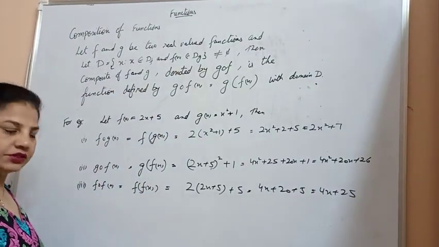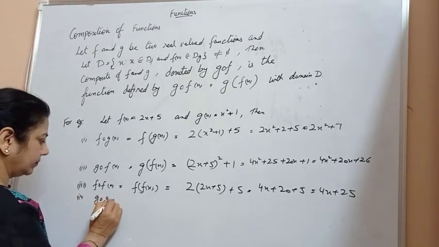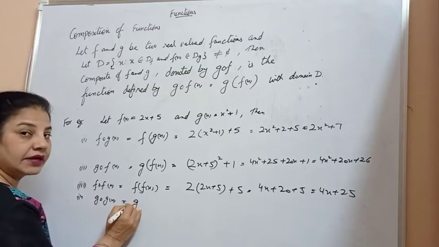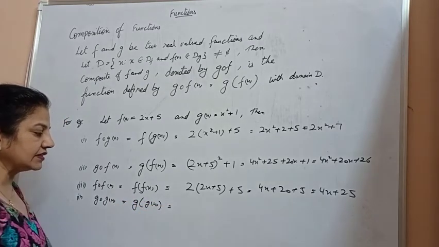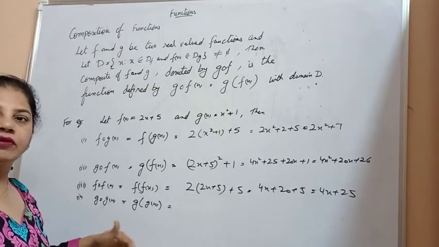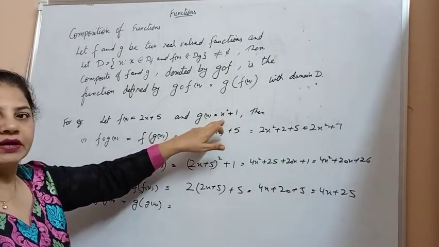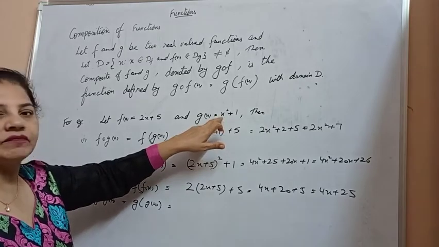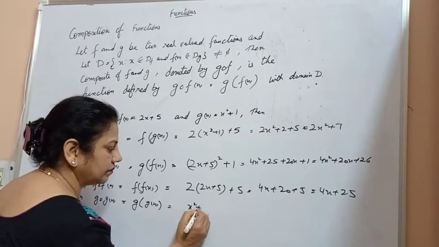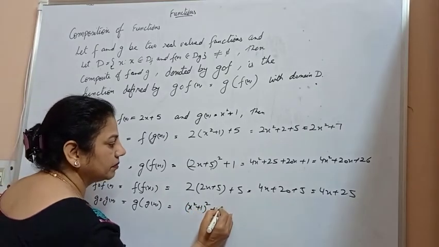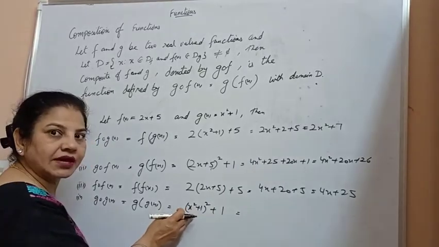Now g(g(x)). Wherever there is x in the function g(x), I will put the function g(x) itself. Here I have x² + 1. Instead of x, I will put the function x² + 1, so I will write (x² + 1)² + 1.